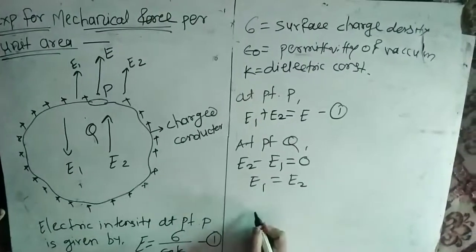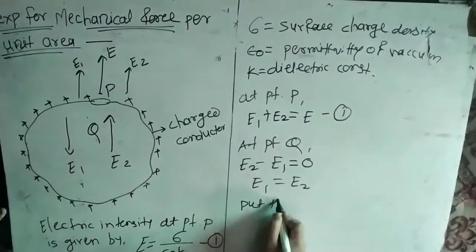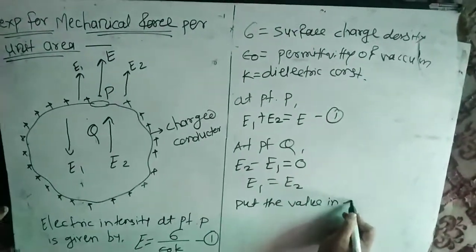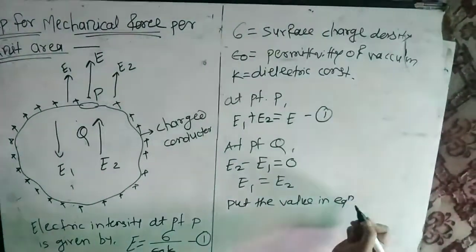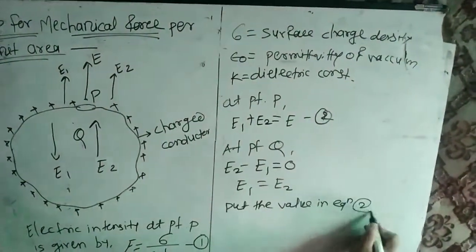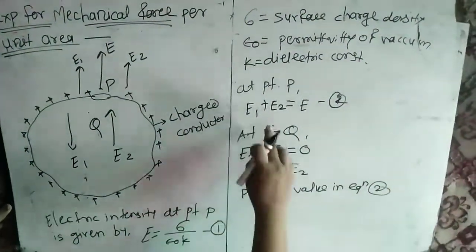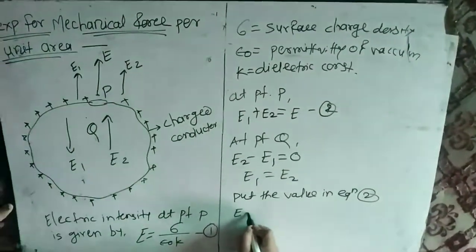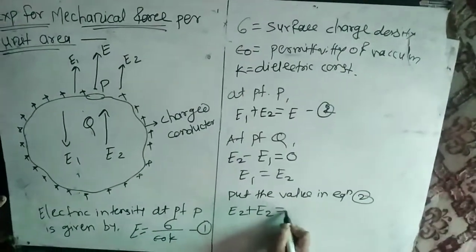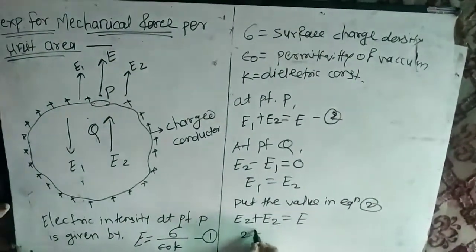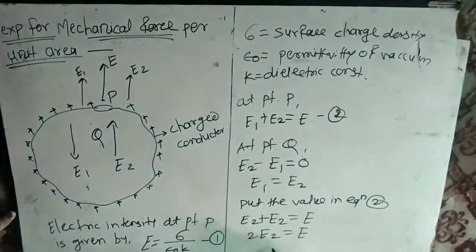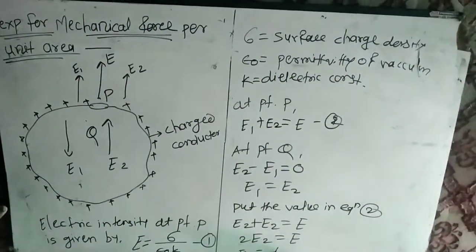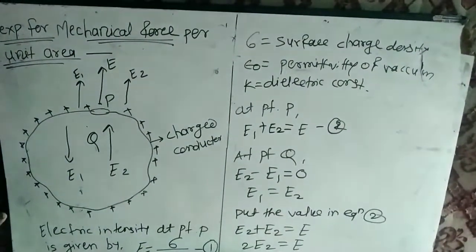So put the value in equation second. E1 is nothing but E2, so E2 plus E2 is equal to E. That is 2 E2 is equal to E, so E2 is equal to E by 2.